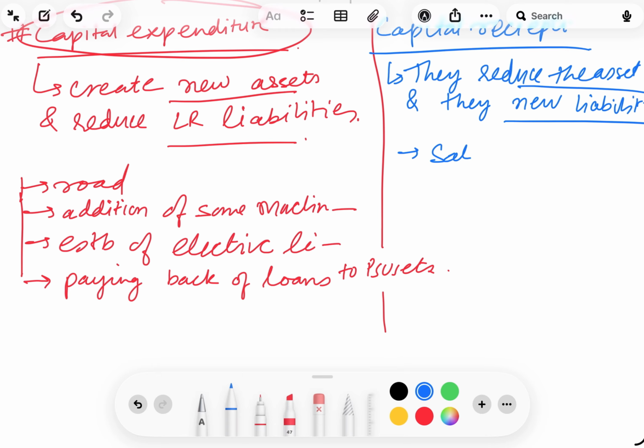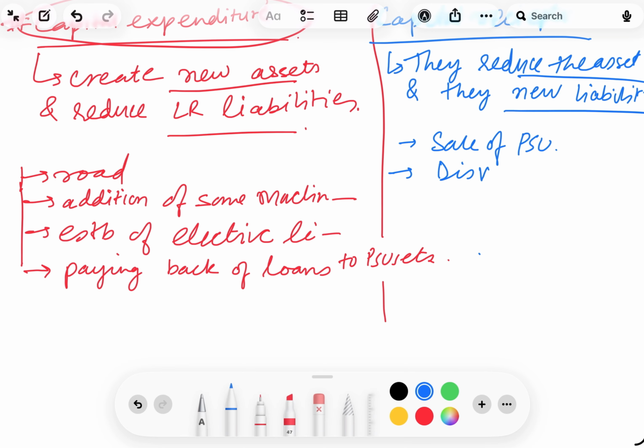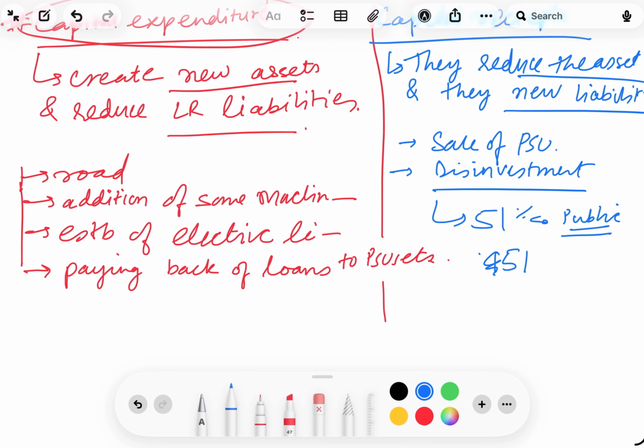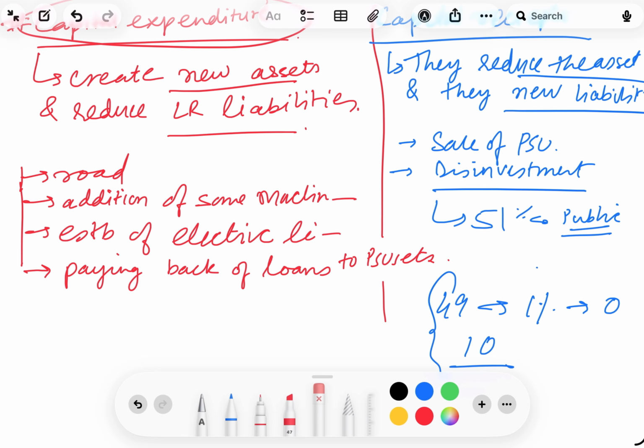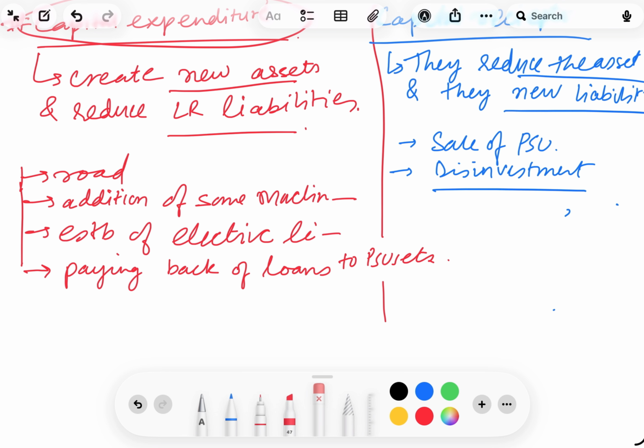Sale of any public sector unit or any other government enterprise. Disinvestment. So basically, in any sector, if the government has 51% share or more, it is said to be a public sector. In disinvestment, what they do is they drop their share to anything below 51%.